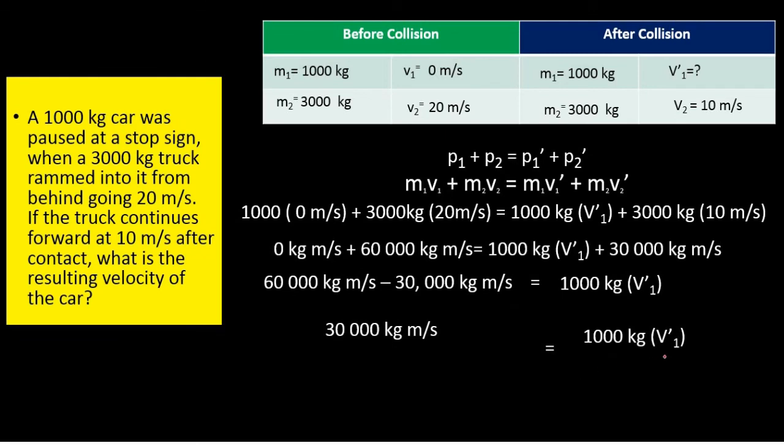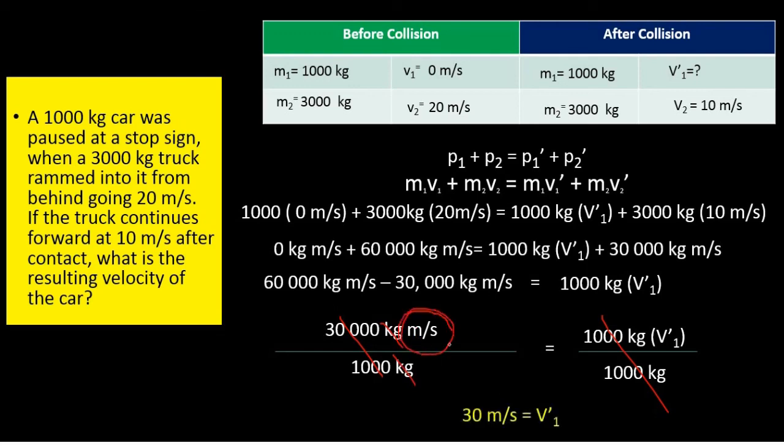How do we get the value of V1 prime? You get rid of this number here. So you divide both sides by 1,000 kilogram, then cancel, then cancel, then cancel. As a result, you have the unit meters per second, and then 30,000 divided by 1,000, that's 30.